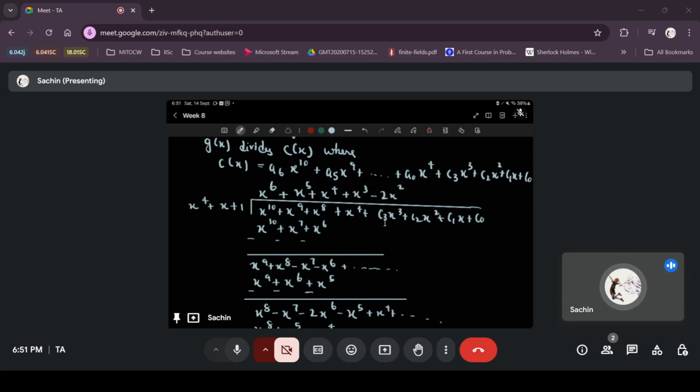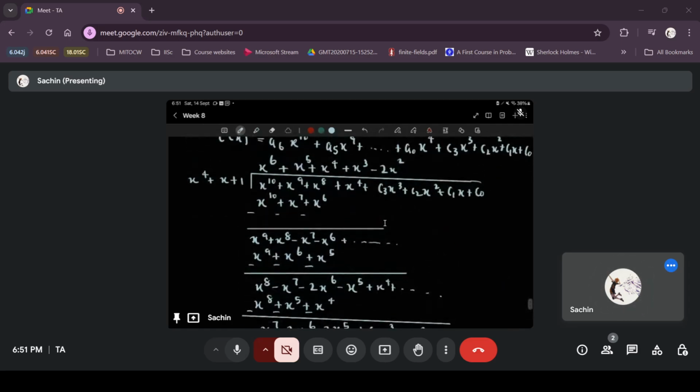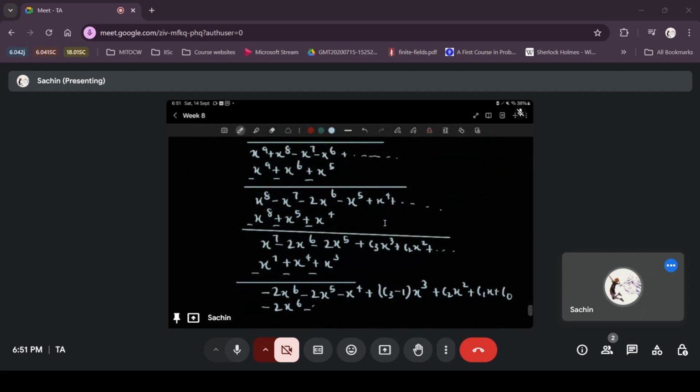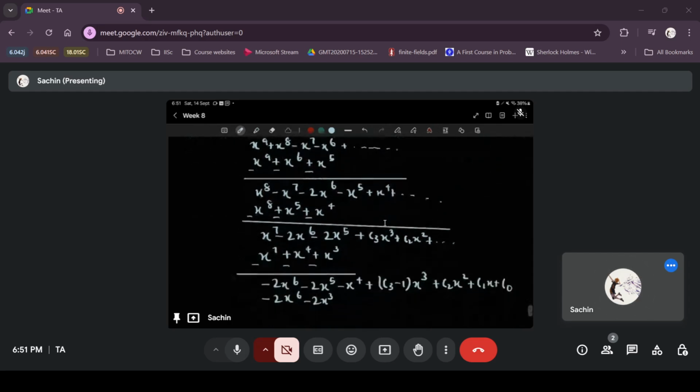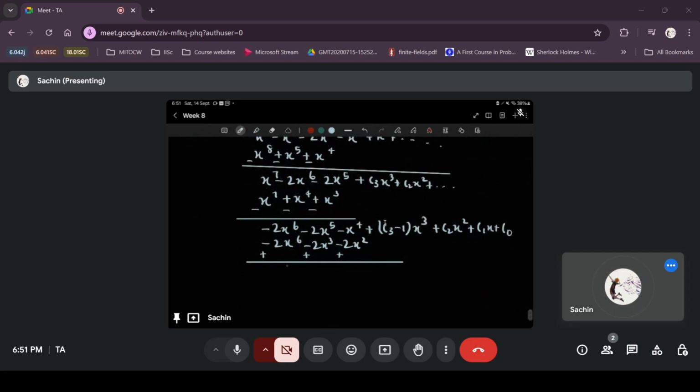Multiplying by minus 2x^2 gives you minus 2x^6 minus 2x^3 minus 2x^2. We will be left with minus 2x^5 minus x^4 plus (c3 minus 1 plus 2)x^3 plus (c2 plus 2)x^2 plus c1x plus c0.